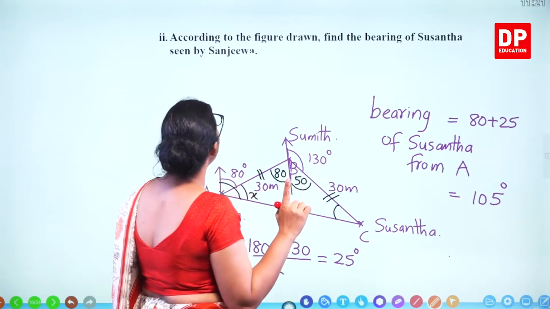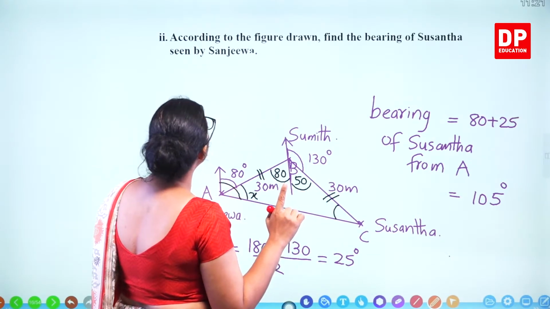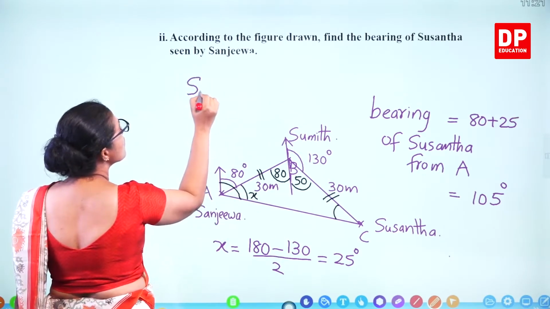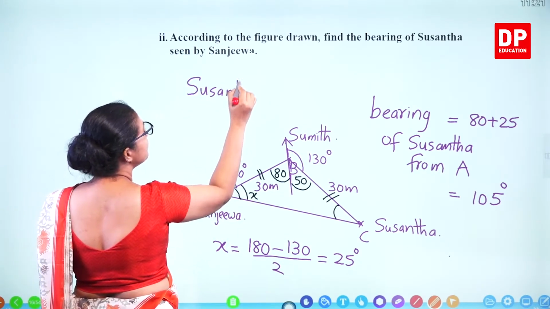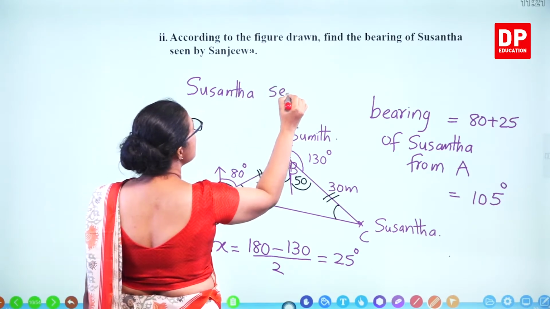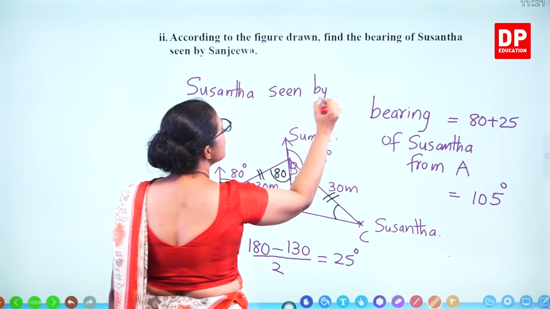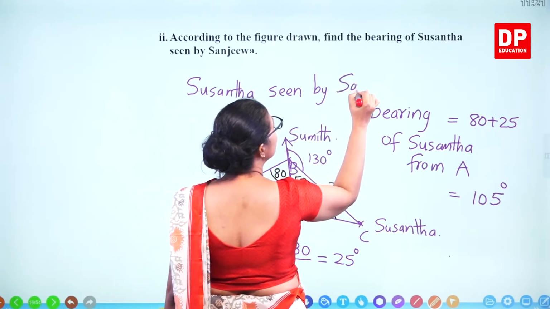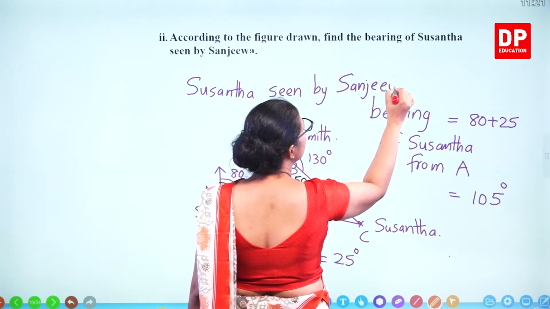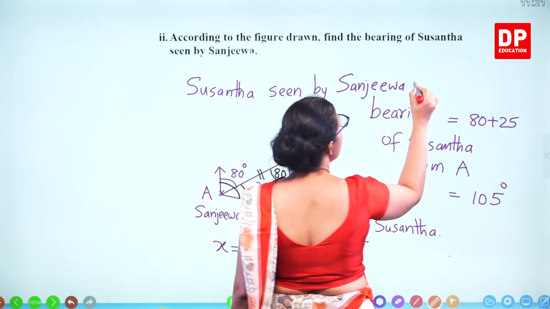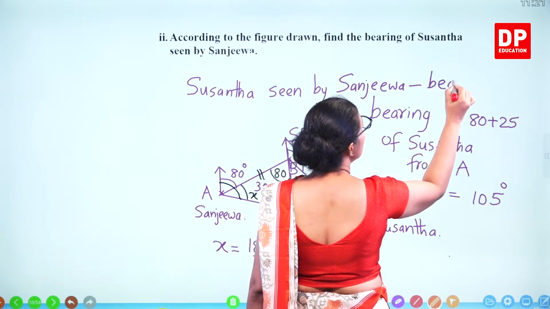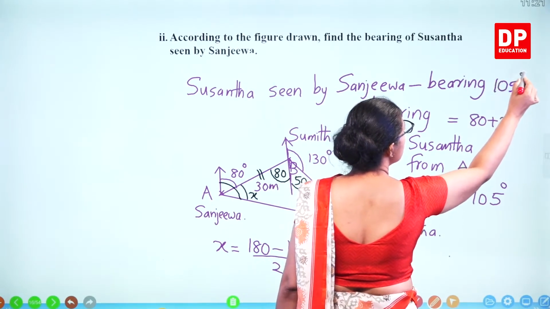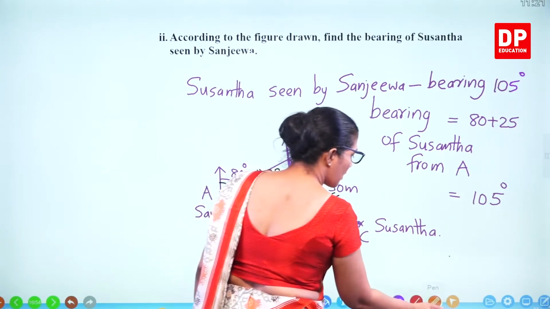So you can write Susantha seen by Sanjeeva bearing, you have to use the word bearing, from north 105 degrees.